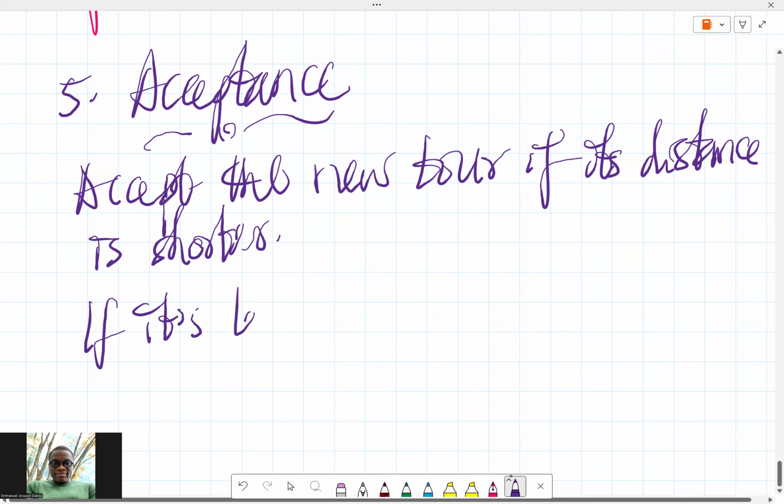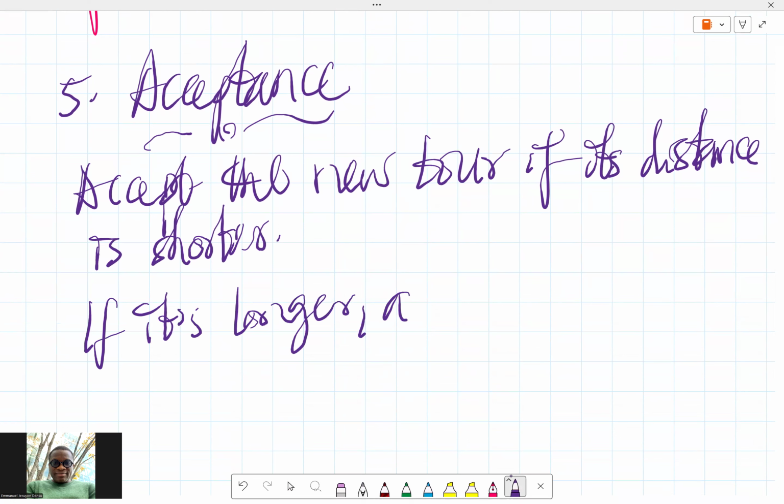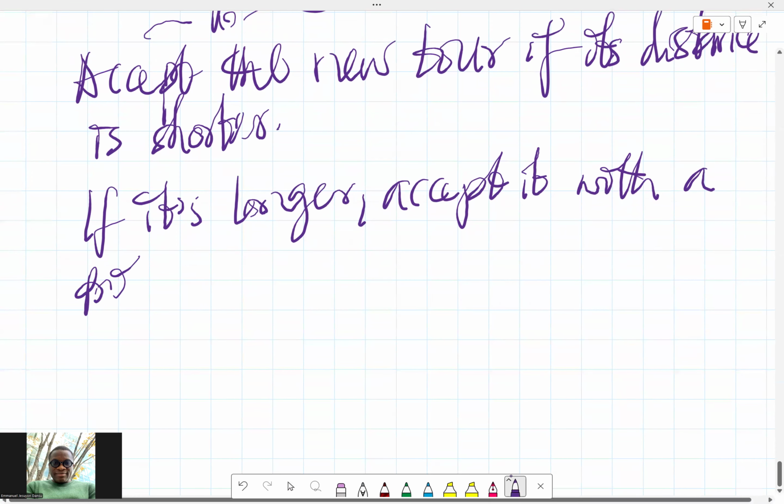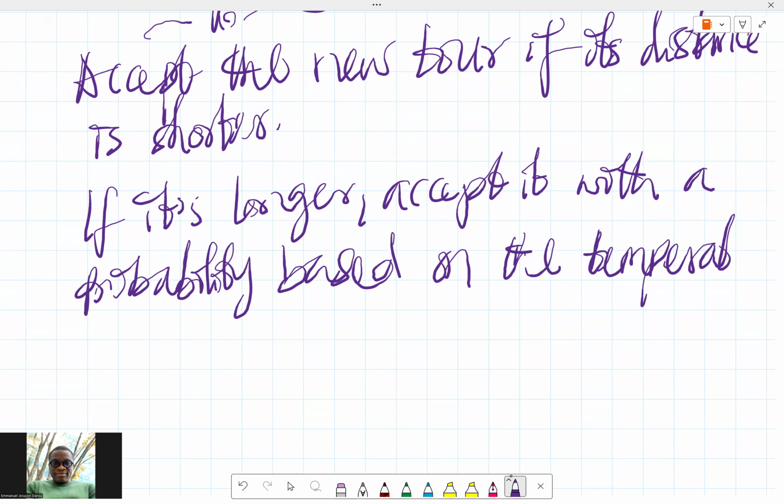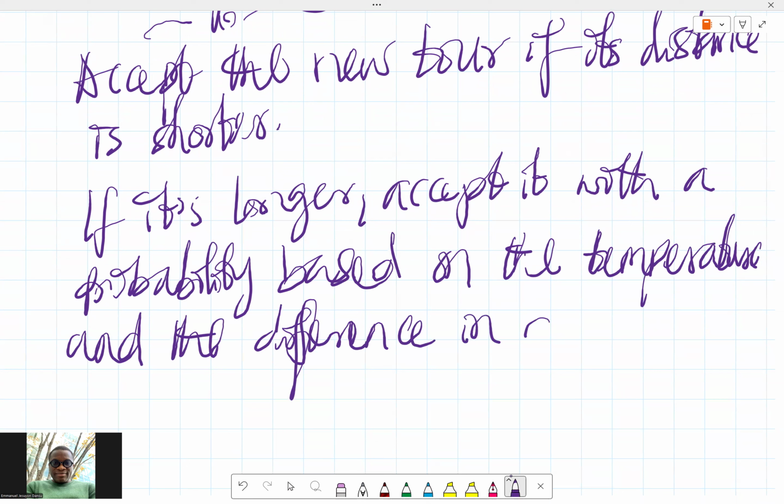If it's longer, accept it with a probability based on the temperature. Of course, don't forget we are dealing with simulated annealing, which mimics cooling in metallurgy. So based on the temperature and the difference in distance, okay?